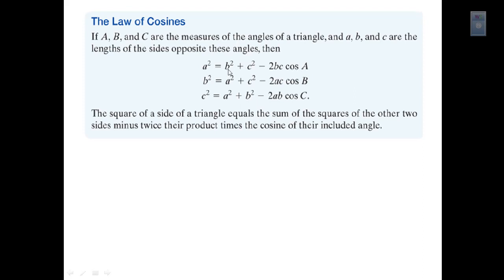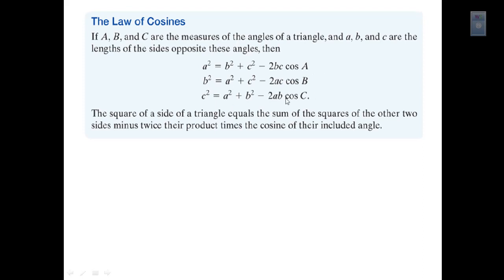So you have a squared equals the other two sides, b squared plus c squared, minus 2 times b times c times the cosine of the angle opposite this side. That's all that is, and it'll be that way every single time.